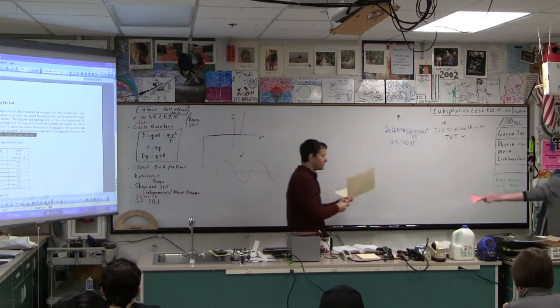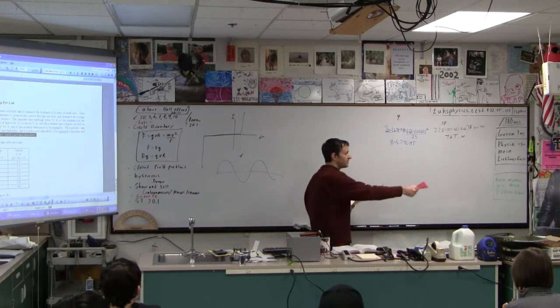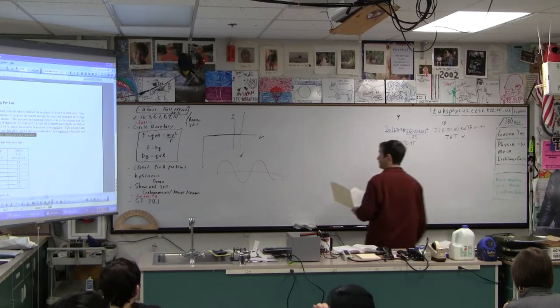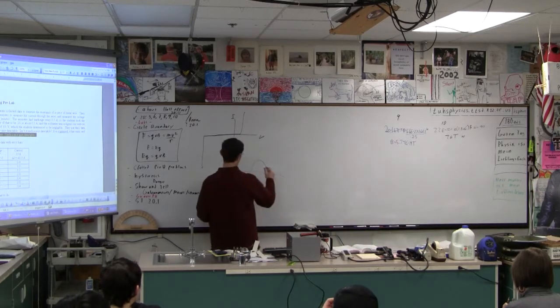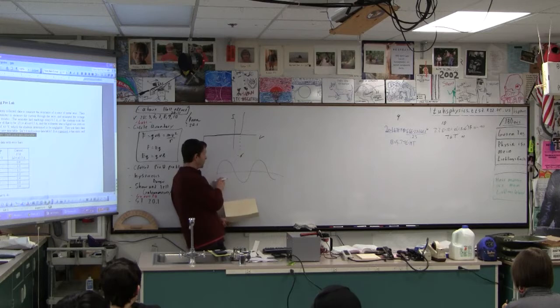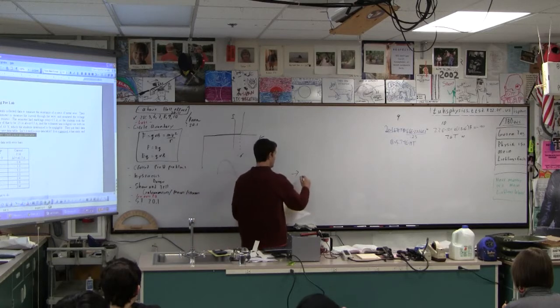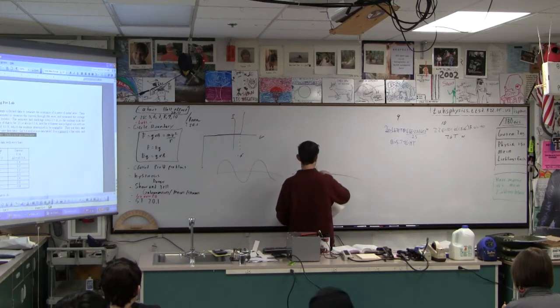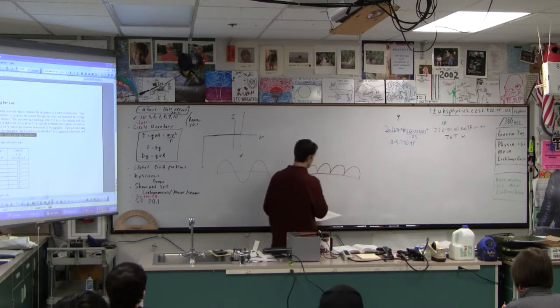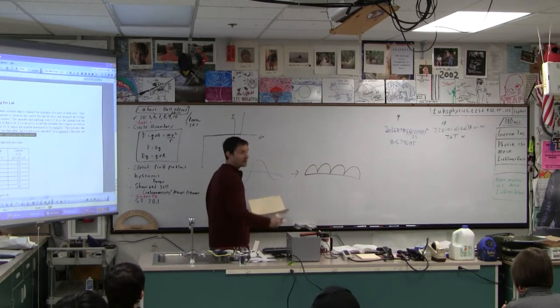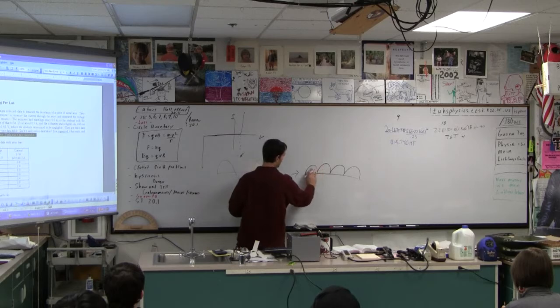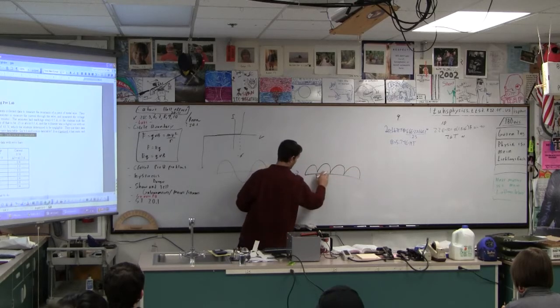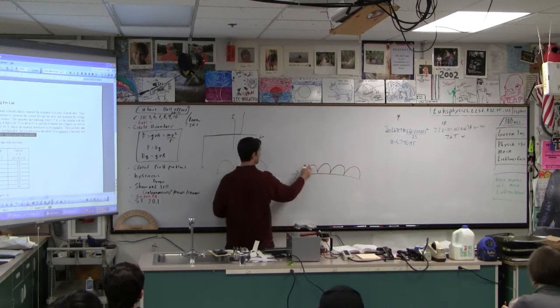In fact, this will be your talented and gifted assignment of the day, she's not here: design a circuit that will take alternating current and turn it into that. It takes 4 diodes to do this. One diode will do this, it'll just make hump, hump, like that and skip these guys. But you can do it with 2 diodes.